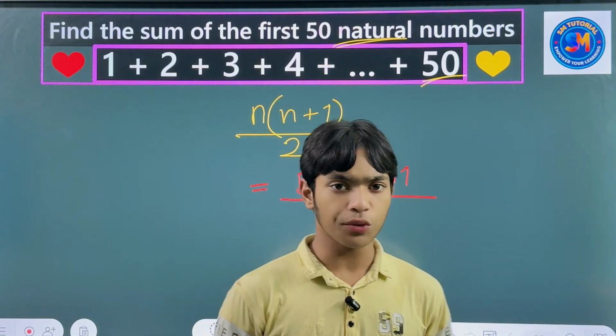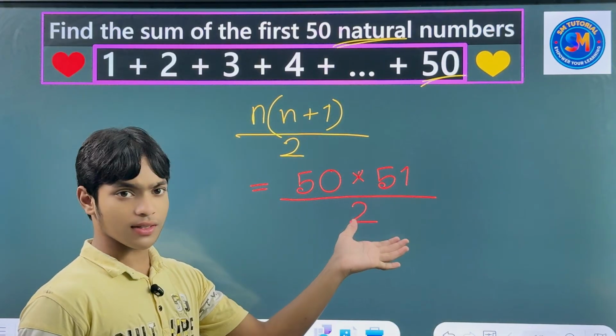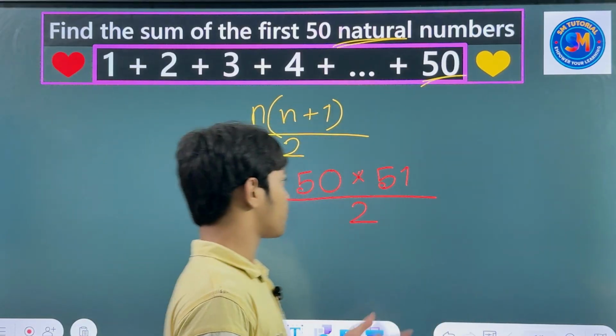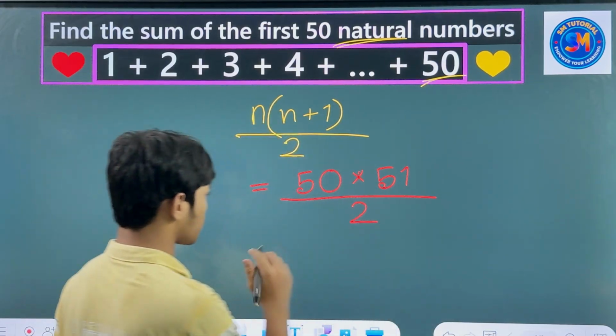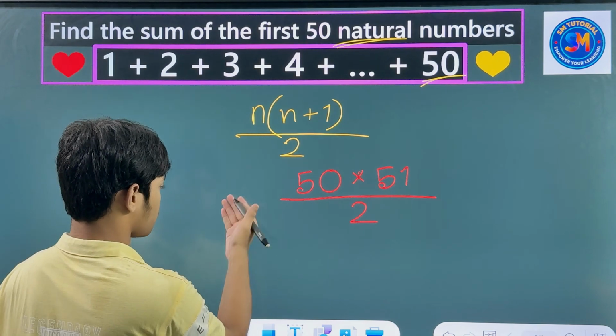So now what will you do? You will multiply this and then divide it by 2. So what will this be if you calculate? For the easiest way, you can divide this by 2. If you divide this, you'll get 25.